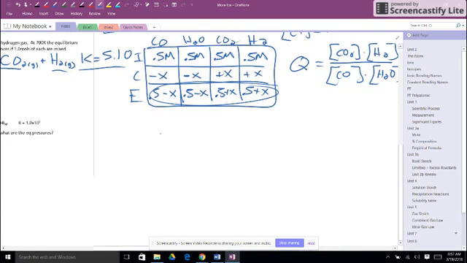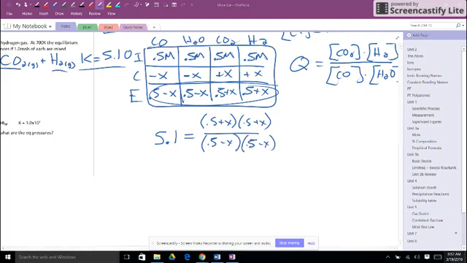K was equal to 5.1, so 5.1 equals the concentrations of the products divided by the concentrations of the reactants. Again, we're either going to be able to get rid of the x on the denominator, or we're going to be able to take the square root of everything.